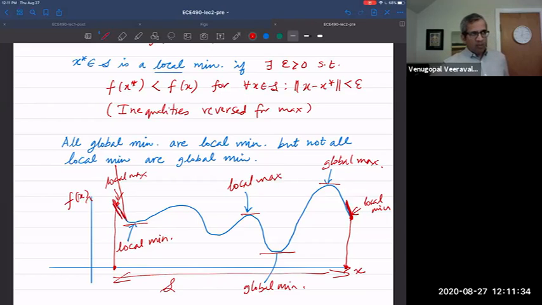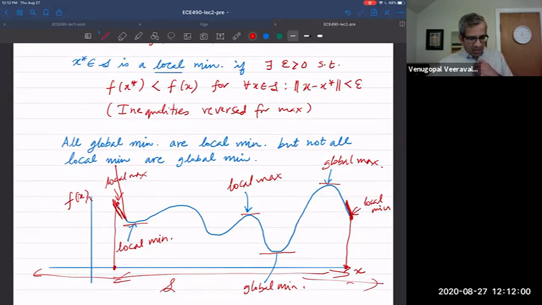But more generally, we'll see that if we didn't have any constraints, so if we allowed this S to go all the way to minus infinity and plus infinity, then the extreme points will always correspond to the derivative being 0.